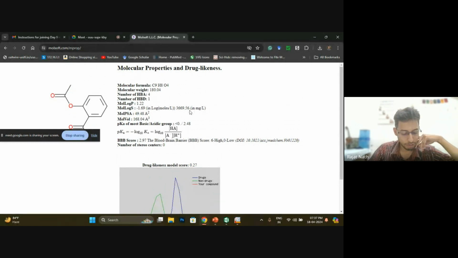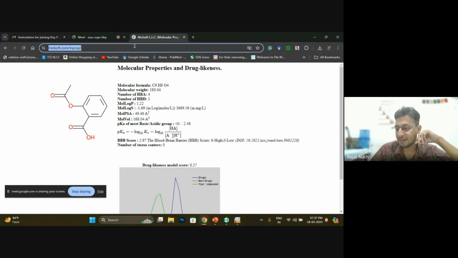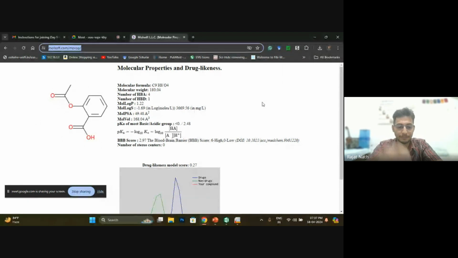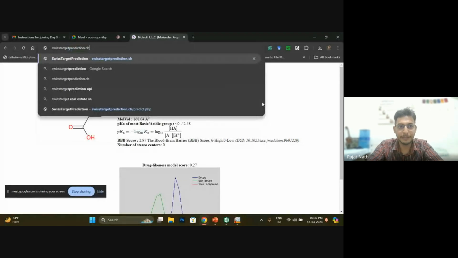Then I will go for the target fishing. As I found that yes, this compound has drug-like properties, I have to understand which type of disease it can cure. Okay, for that, one popular server is there that is known as Swiss Target Prediction.